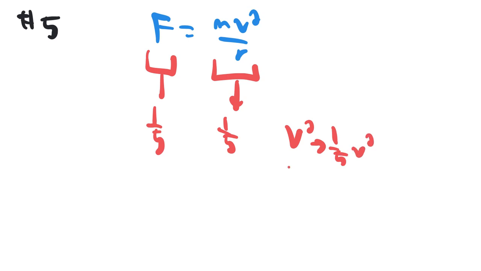And we can only do that if we have 1 over root 5 inside the square. So we need to decrease the speed by a factor of root 5. We need to divide it by root 5.